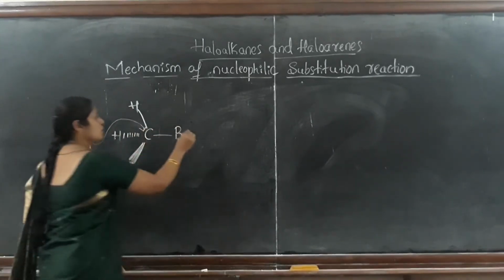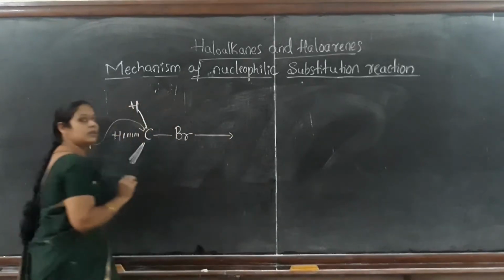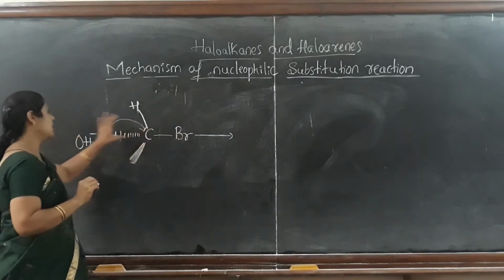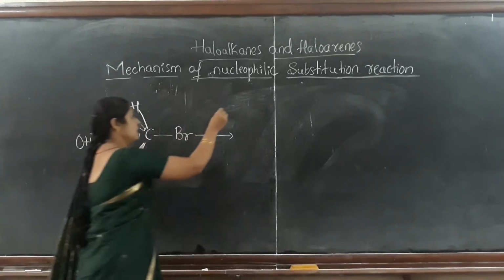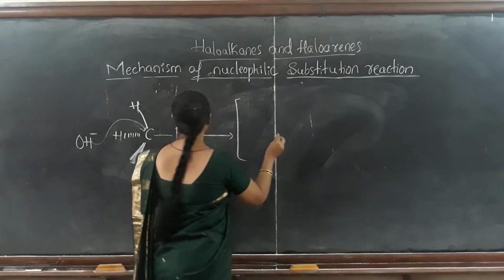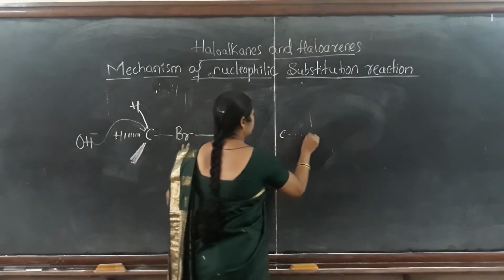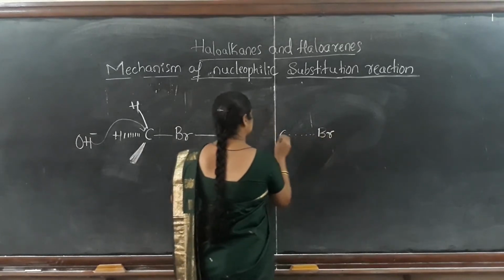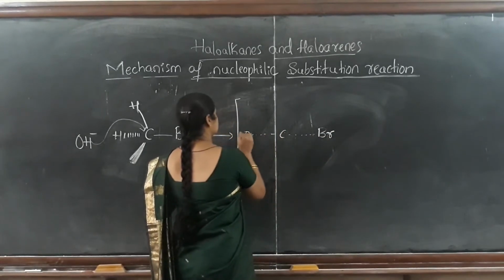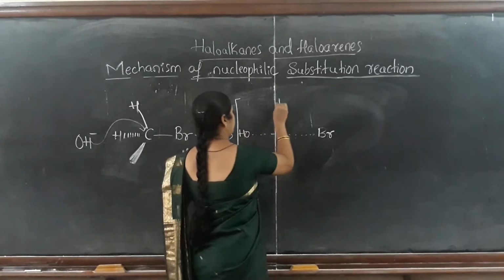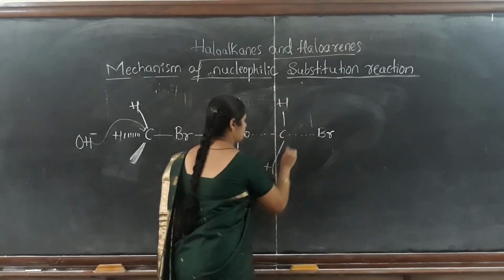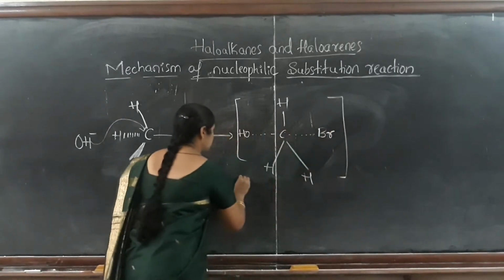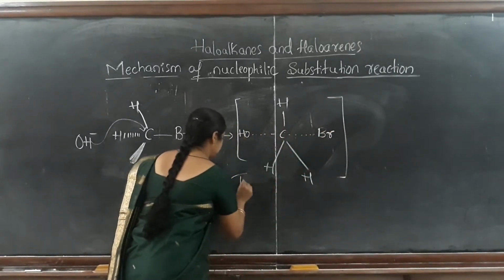There is a partial bond formed between carbon and Br and carbon and OH. This is the transition state.